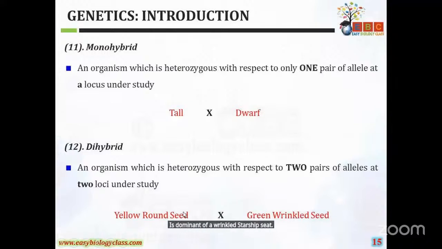So you now cross a seed that is yellow and round with another one that is green and wrinkled, and see what the hybrid will look like. So we talk more about this under Mendelian laws of heredity. You see how it is demonstrated in monohybrid and in dihybrid.